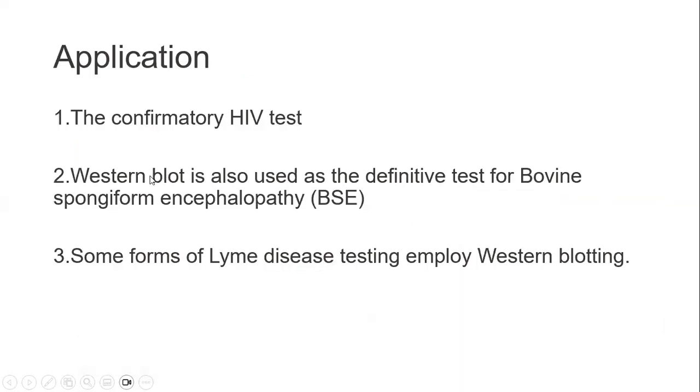So coming to the applications, there are various applications such as in various disease diagnostics. They can be used for detection of specific molecules such as in HIV test or in any other form of disease testing where a specific protein molecule is involved. They can be detected by Western blotting method.